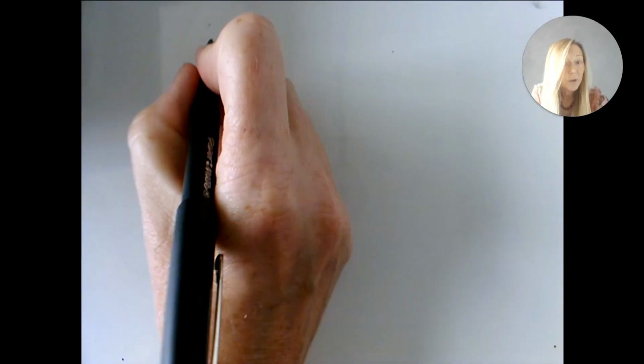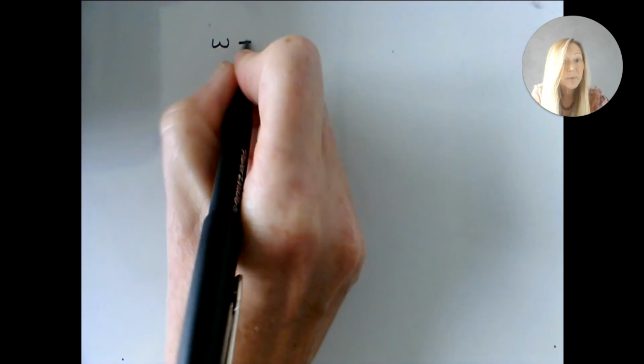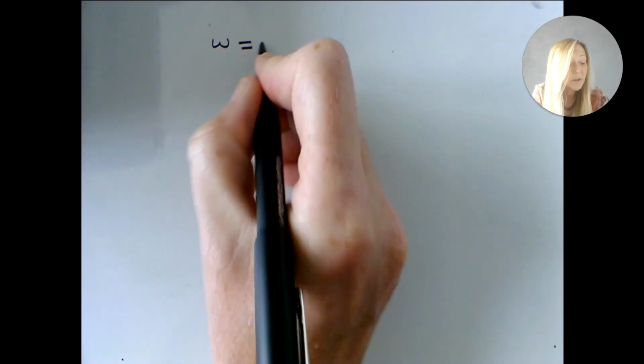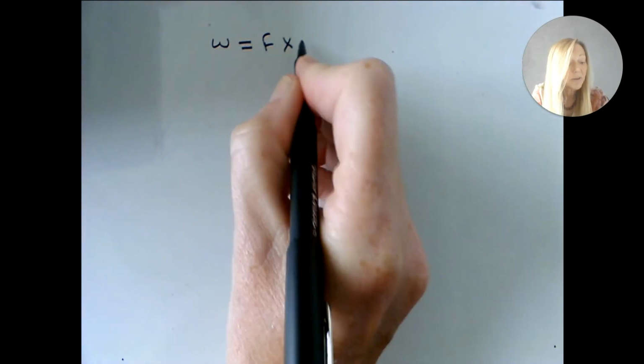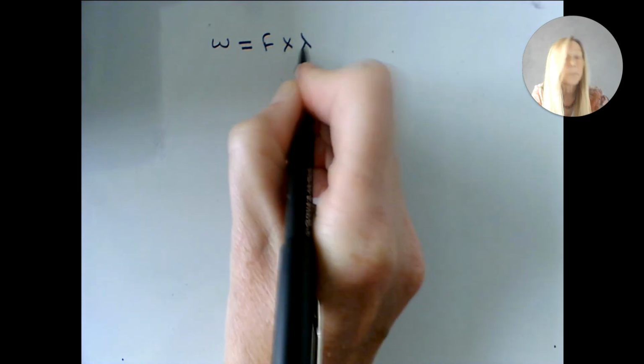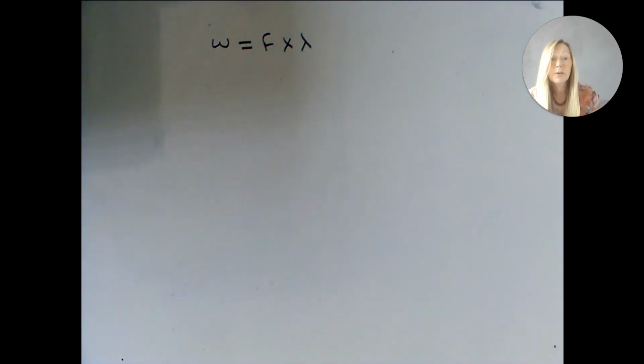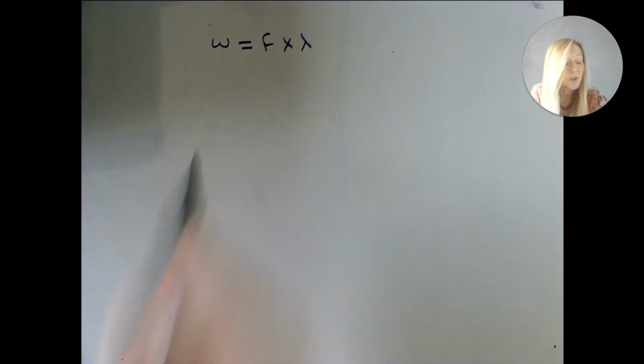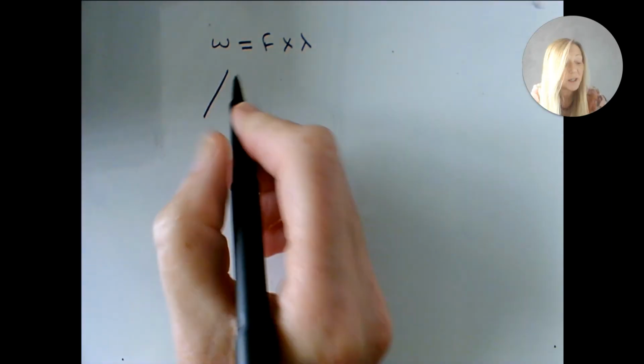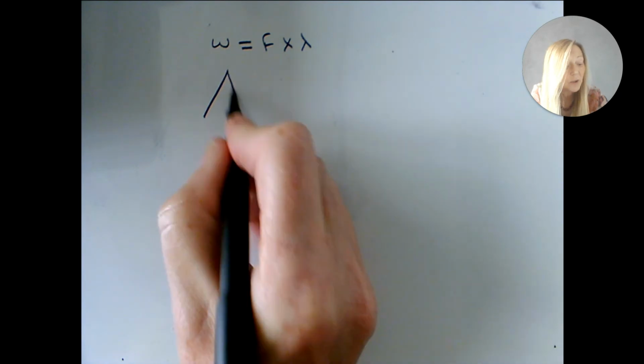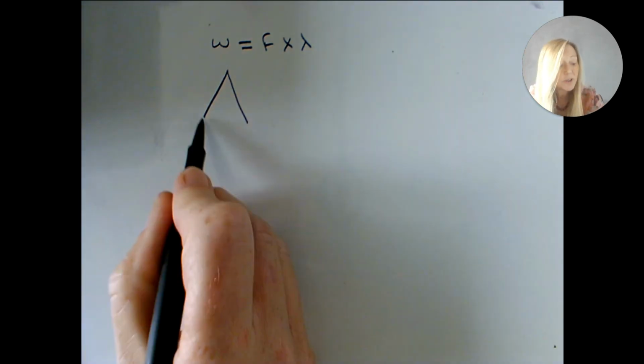The first thing you should do when you're doing any calculation is to write down the equation. So in this case we've got wave velocity equals frequency times wavelength. What I like to do is always put a triangle down, and that helps you straight away with the rearranging. If you're not already familiar with these, you need to learn how to construct these triangles.